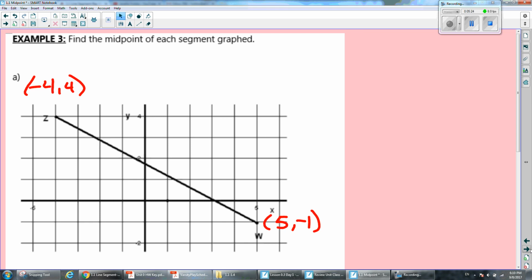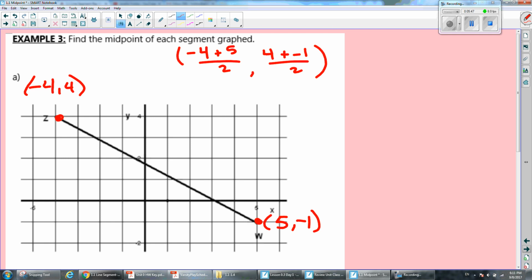And now let's say that we were looking at a graph. Well, we'd be able to find the endpoints. Here we're at point Z at -4, 4. Here we're at point W at 5, -1. So we'd have to, again, add up our x values, divide by 2, add up our y values, divide by 2, and we'd be at 1/2 and 3/2.